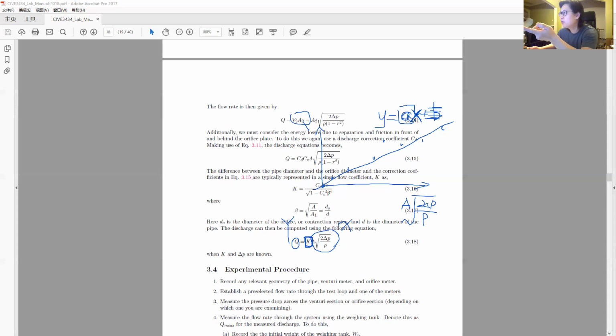You can get it. So a equals K in this case. That's how we get K. K is the slope of your regression line.